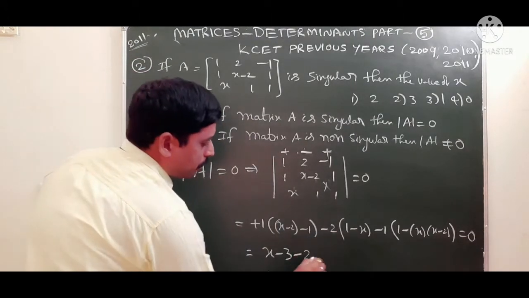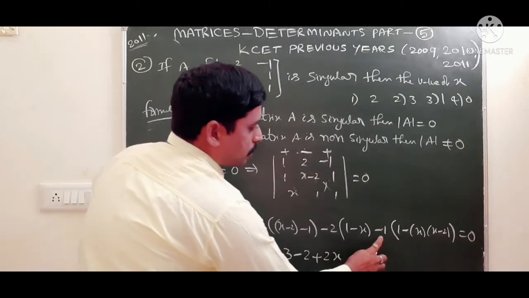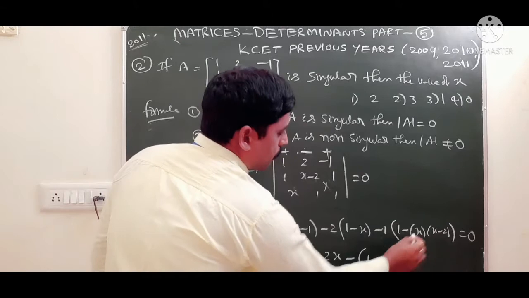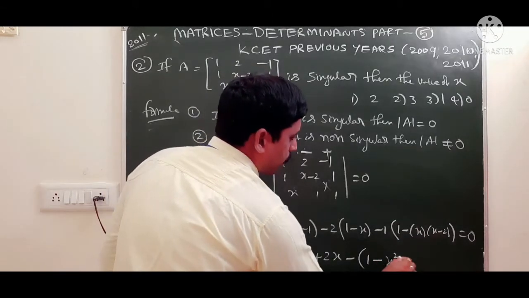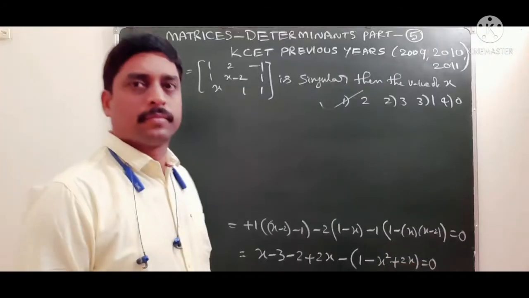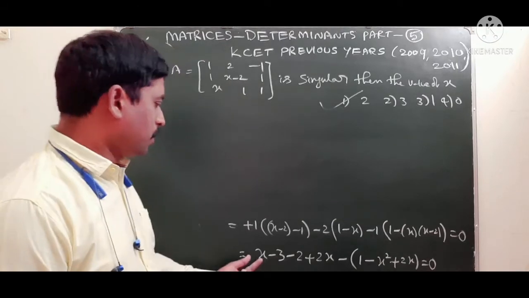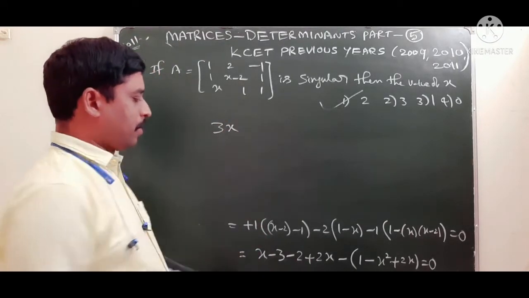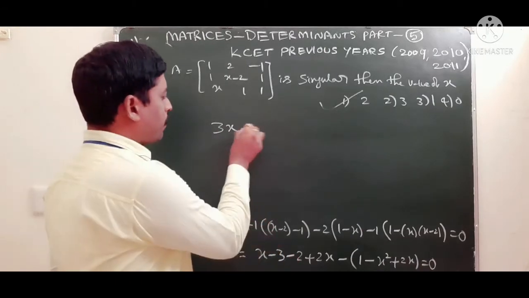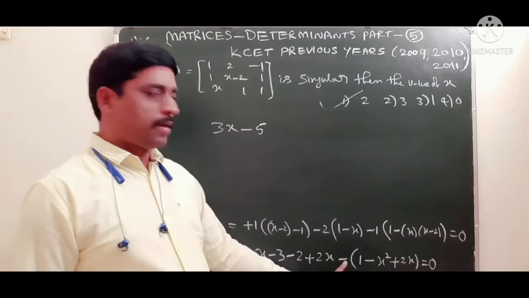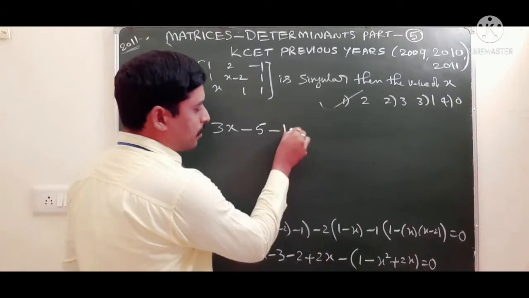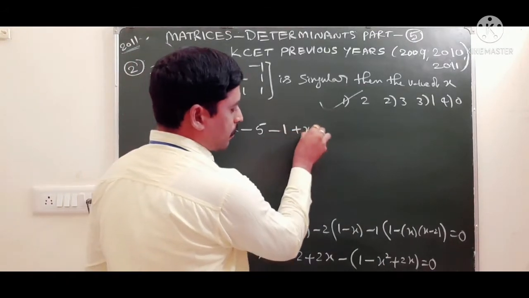This is minus 2 plus 2x. So minus 1 into 1 minus x square plus 2x. Continuing, x plus 2x is 3x, minus 3 minus 2 is minus 5. This minus 1 multiplies all these terms: minus 1 plus x square minus 2x.